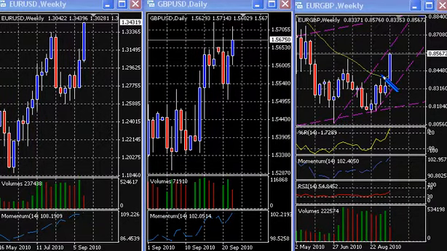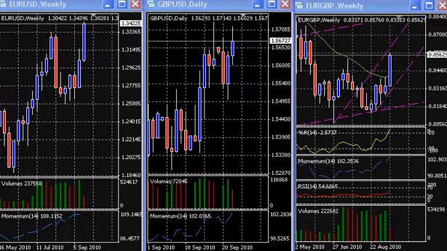But if you check the financial futures in the futures market, we do have a higher degree of open interest with enough volumes for the euro to move higher, simply not because of the euro strength now, it's because of the weakness of the US dollar.